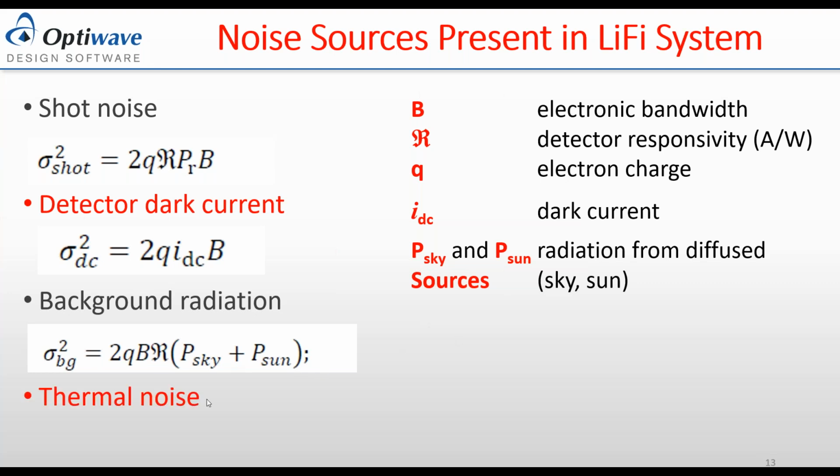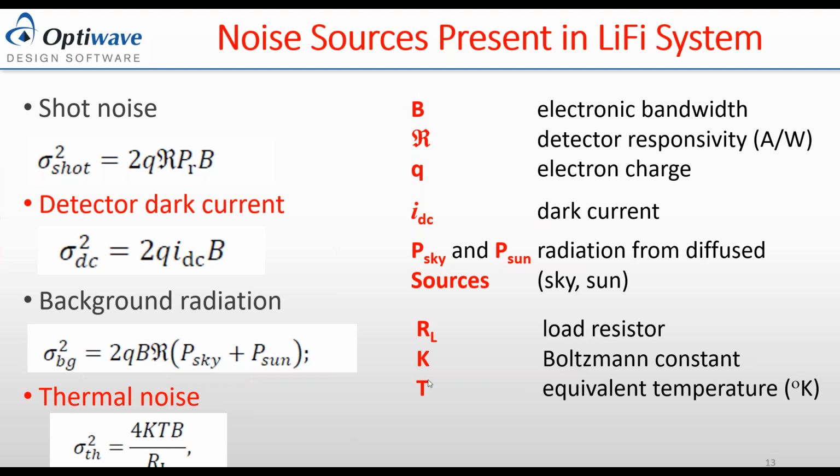The last noise source we consider in this analysis is the thermal noise, which is related to this equation involving the Boltzmann constant and the load resistor, with which you detect the current after the transimpedance amplifier. If you add up all these types of noises and plug them into sigma square total, you would be able to calculate eventually the bit error rate of the LiFi channel.